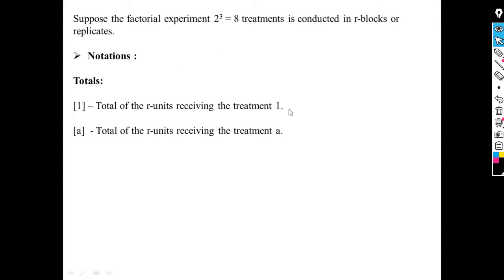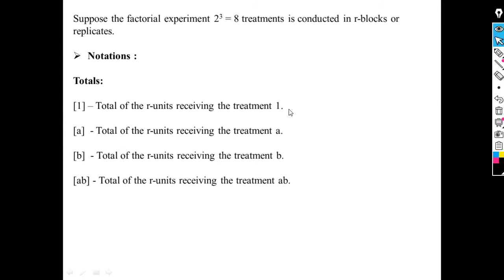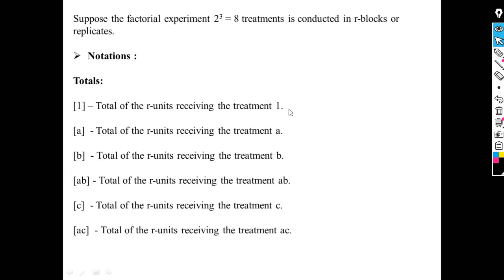Then square bracket A denotes the total of the r units receiving the treatment A. Square bracket B denotes the total of the r units receiving the treatment B. Then AB denotes the total of the r units receiving the treatment combination AB. Then square bracket C denotes the total of the r units receiving the treatment C. Then AC denotes the total of the r units receiving the treatment AC.